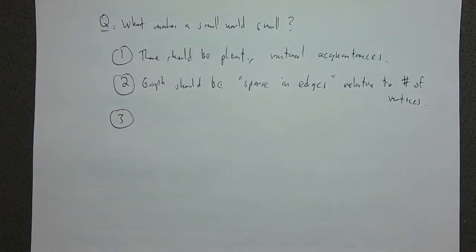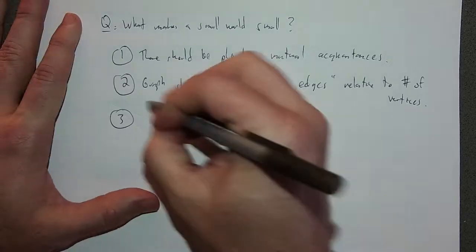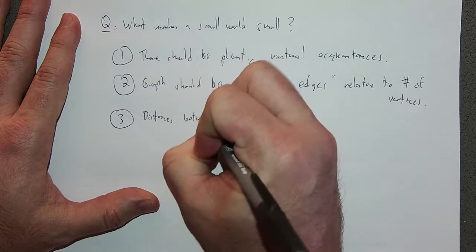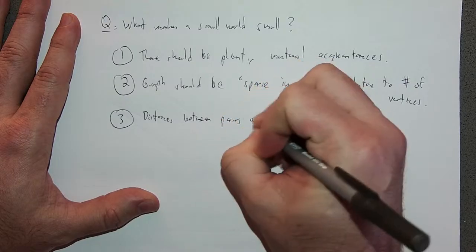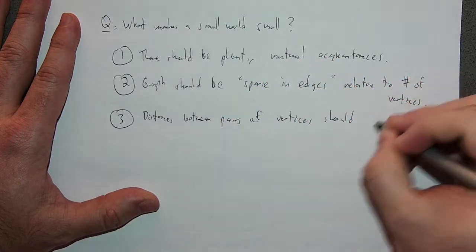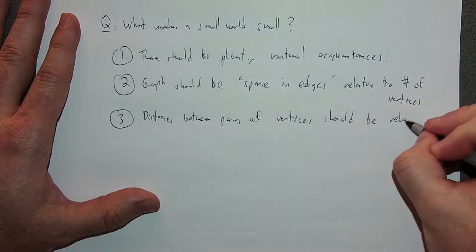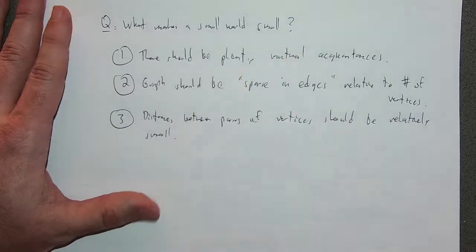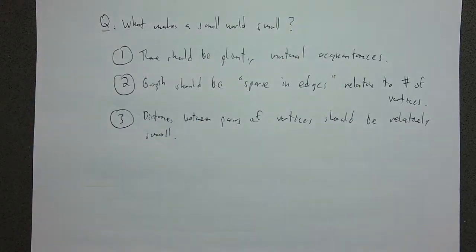Distances between pairs of vertices should be relatively small. Okay.